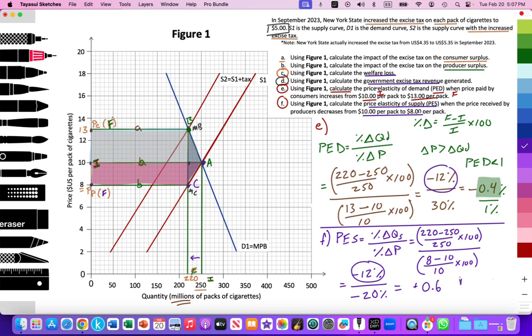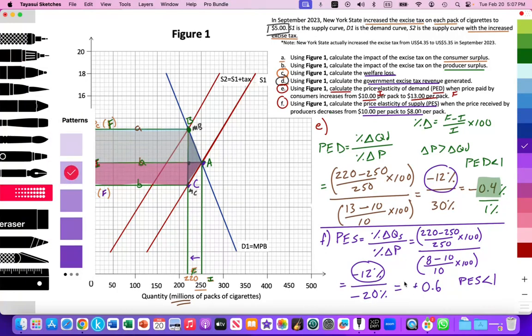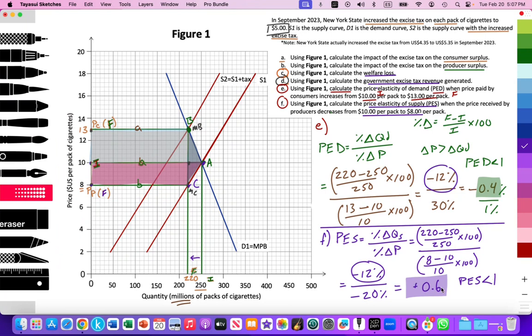So PES is inelastic in this case, and that would be our final answer. PES equals 0.6, meaning that for every 1% increase in price, the quantity supplied would increase by 0.6%, or if the price fell by 1%, the quantity supplied would decrease by 0.6%.